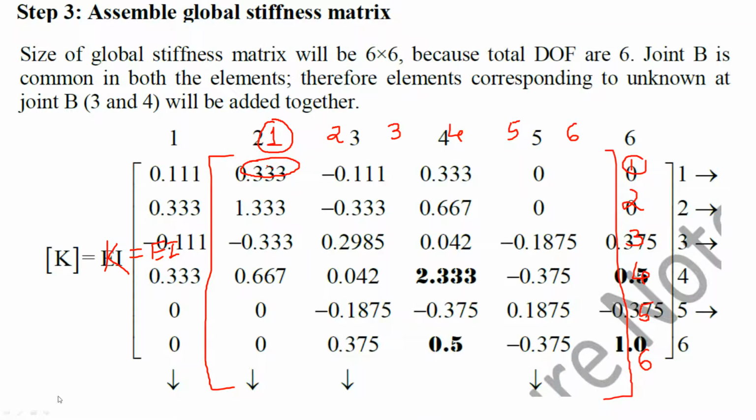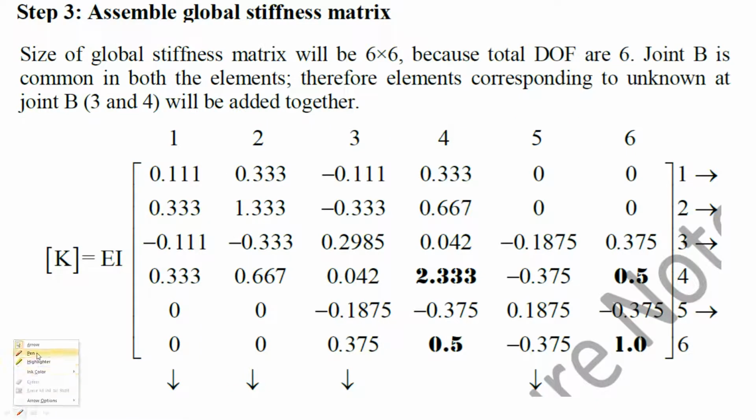So see here, it represents 0.111. Similarly, if you want to write down this element 0.333, it is column 2 and row 1.